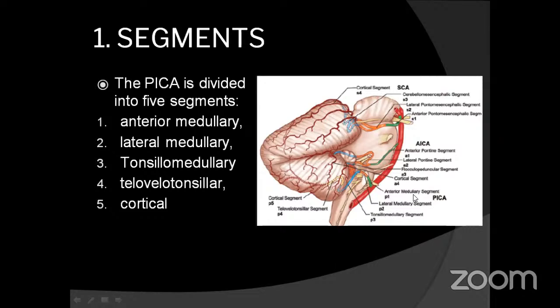So they will be anterior medullary because they are associated with medulla oblongata in PICA, and lateral medullary in PICA, which will be the P2 segment of PICA. 3 and 4 are a little bit different. So segment 3 will be tonsillomedullary. That is the part of the PICA associated with tonsils and its junction with medulla. And the segment 4 will be telovelotonsillar. That is the segment of the PICA which will be associated with tonsils and the telovelar segment.